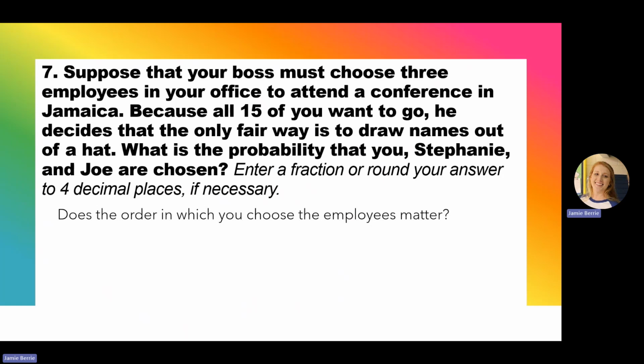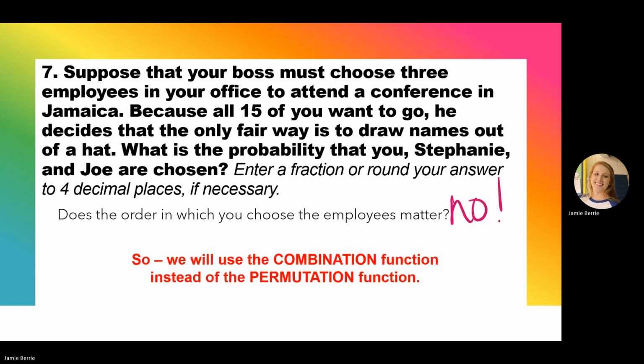So the order doesn't matter. Whoever gets chosen first is going on the trip, and the person that gets chosen third goes on the trip. So the order that you choose the employees does not matter. Since the order does not matter, we're going to use the combination function instead of the permutation function.